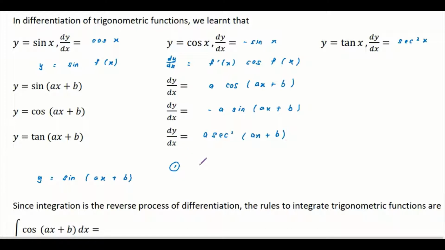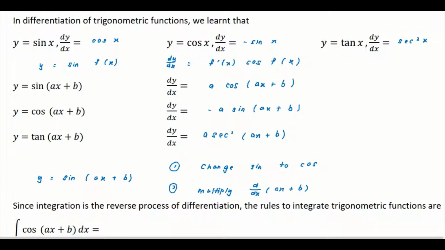The first one is we change sine to cos, which is when we differentiate sine, we get cos. The second thing we did so that it becomes cos ax plus b is we multiply the whole function with the derivative of ax plus b.